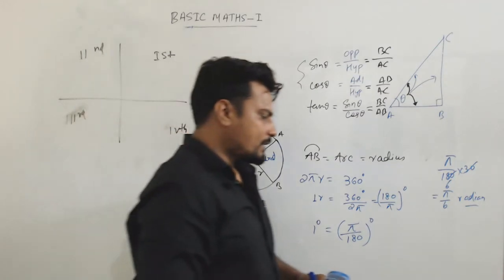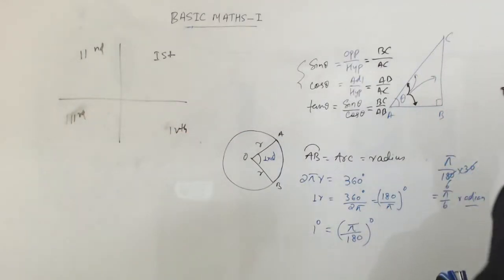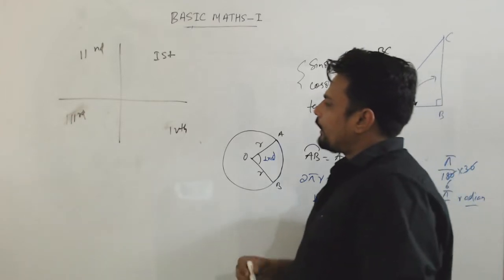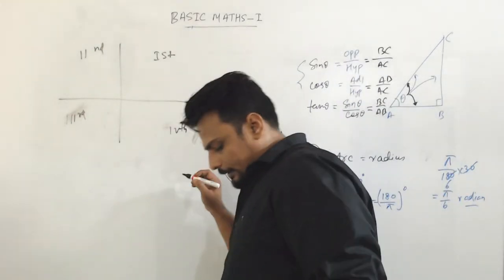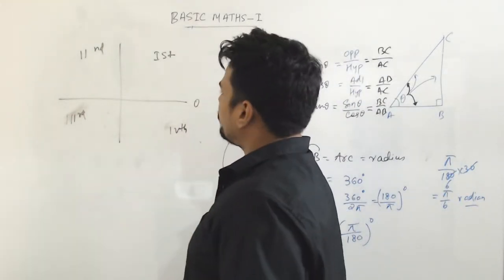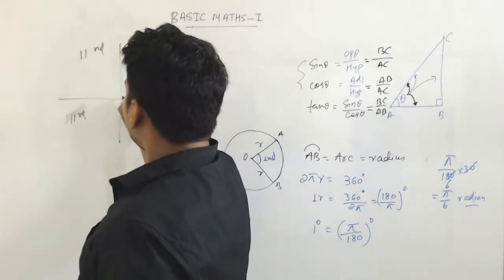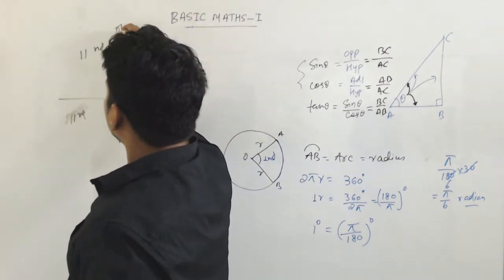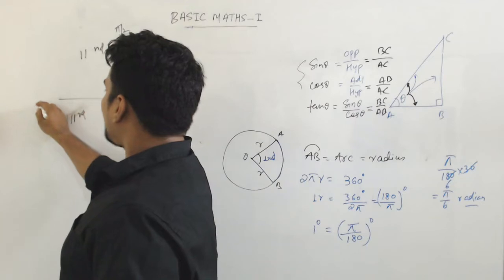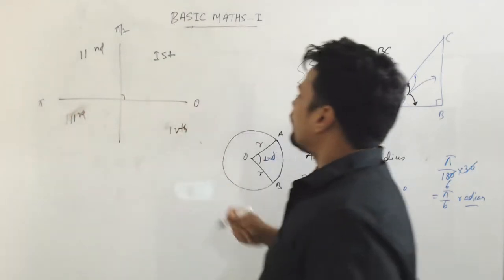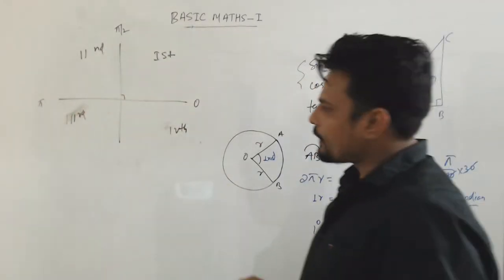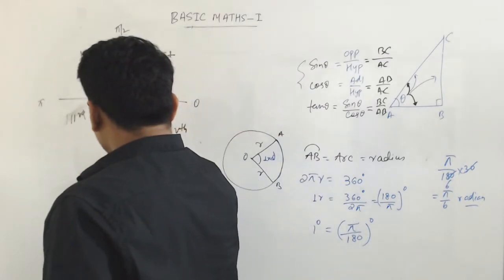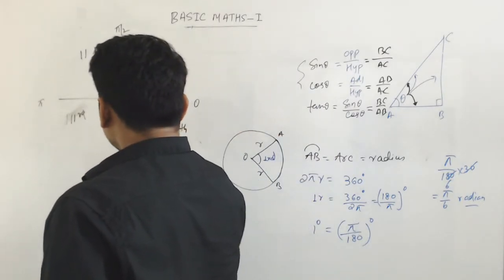Now, how is it important to you? Let me say that this is your 0 over here. This is 90 degrees, so we can write pi by 2 in terms of radians. This is 180 degrees, so that will be pi radians. This is 270, so 3 pi by 2 radians.